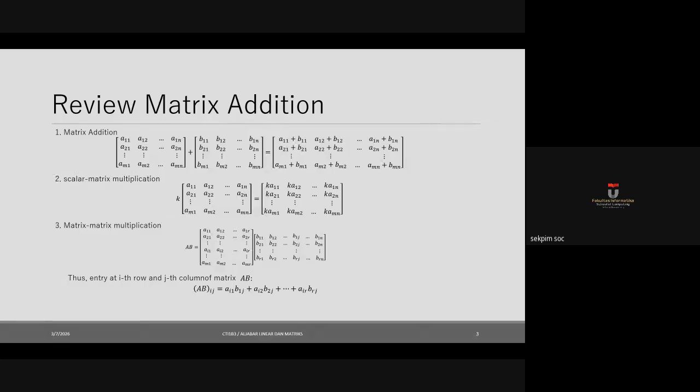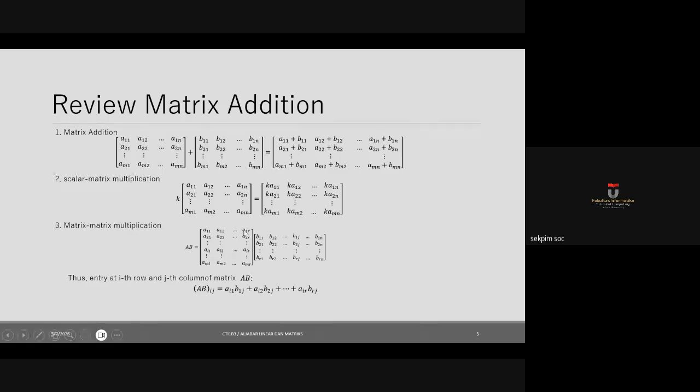Some conditions should be satisfied in matrix multiplication regarding the size of the matrix. The number of columns of the first matrix should be equal to the number of rows of the second matrix. So let's say we have two matrices that we will multiply, A and B, A on the left side and B on the right side.